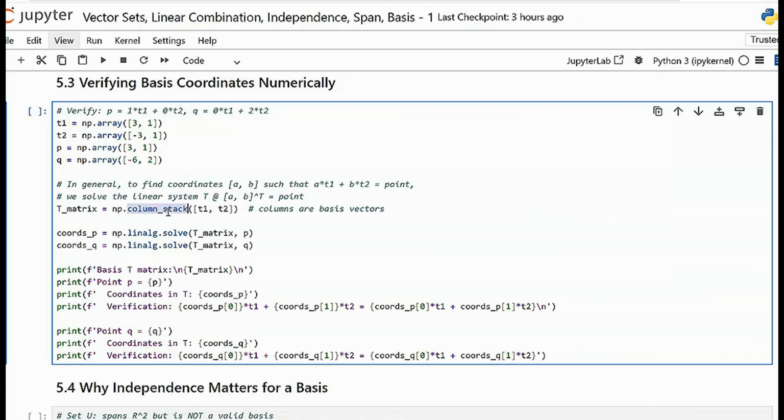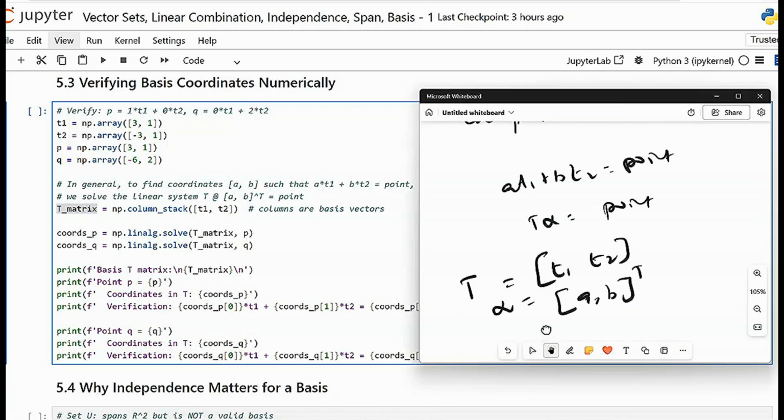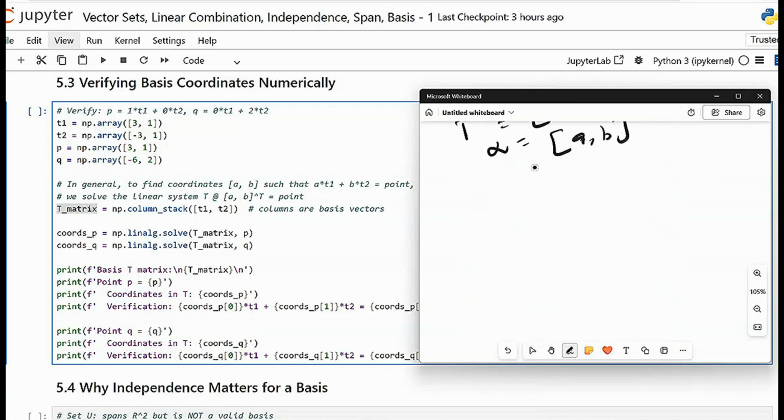Let me first construct the matrix by using this column stack. Here we have T1 and T2, which we specify with the T matrix. So T is equal to [[3, -3],[1, 1]]. Each column is a basis vector.